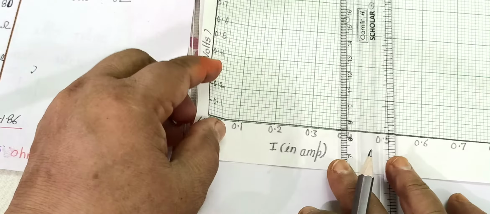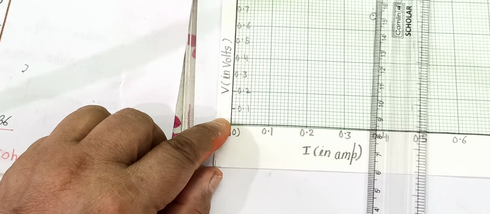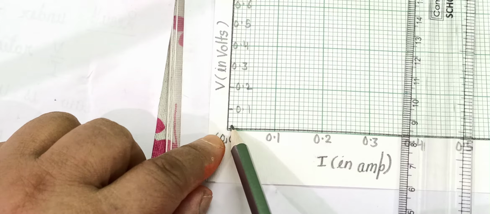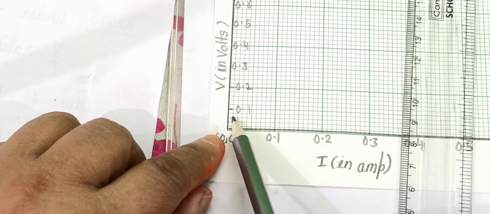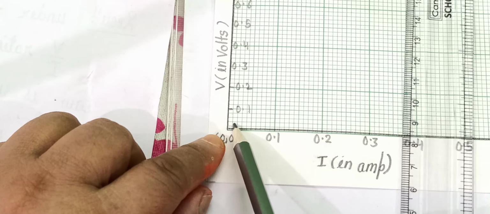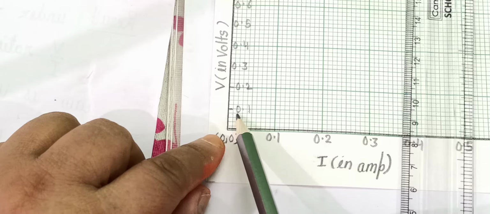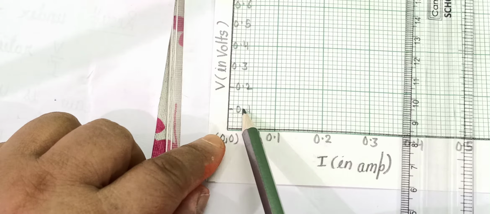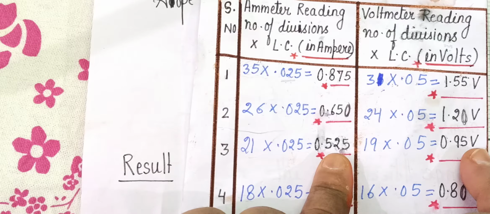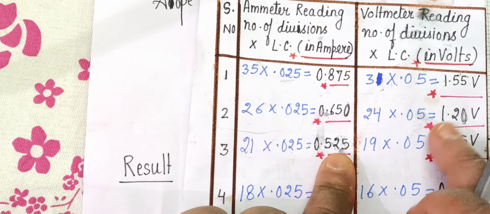So actually on the y-axis we are reading 0, then 0.02, 0.04, 0.06, 0.08, and then 0.1. So either we can plot 0.94 or we can plot 0.96. So here we have to plot 0.52 with 0.95, so we are going to plot 0.96.